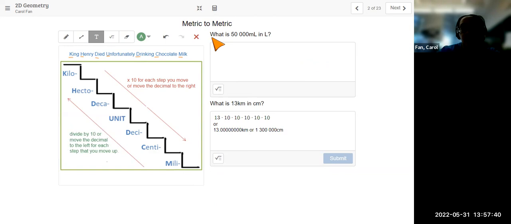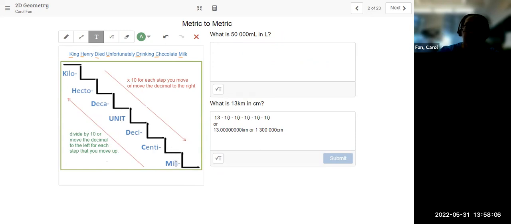Right, so in this example, we have what is 50,000 milliliters in liters. So if we're starting in milliliters here, and we're going up to liters, the word liters doesn't have a prefix. Because it doesn't have a prefix, we're actually speaking about our main unit.